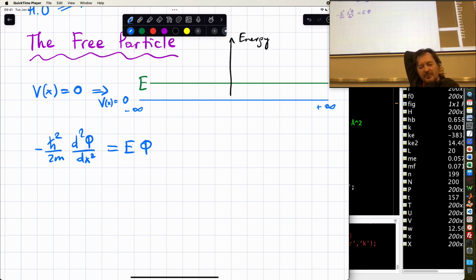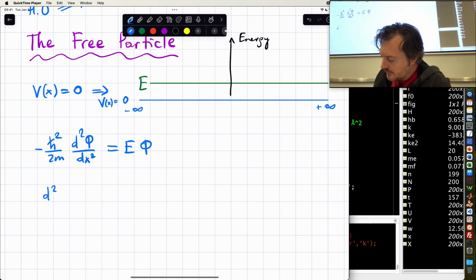Let me gather my thoughts. Exactly. The only difference is that our wave function can be a complex number as well. In the harmonic oscillator, okay, let's do it. Okay, let me rewrite it like this.